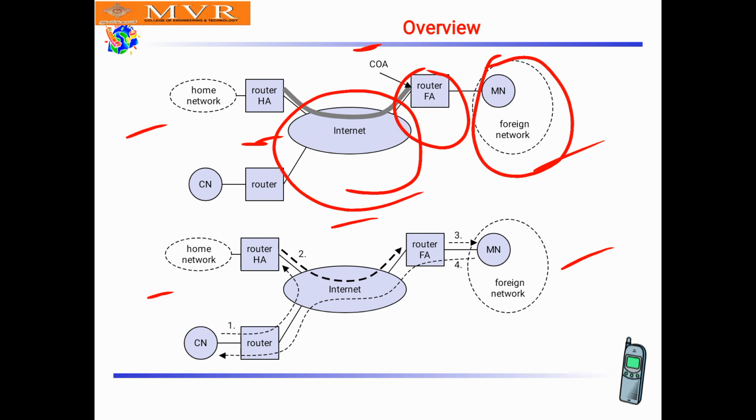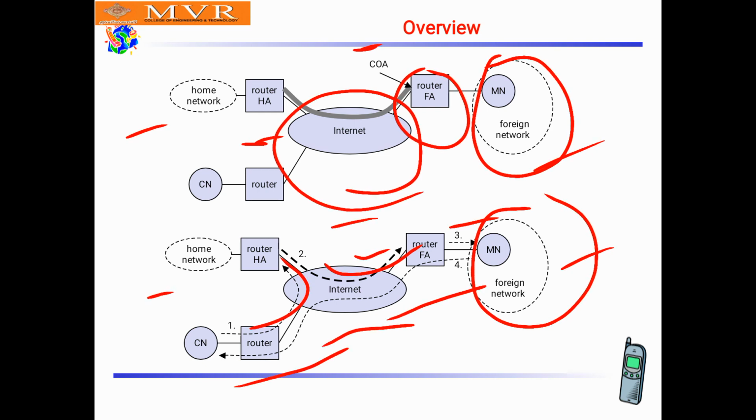At the same time here the mobile network router HA, the internet, and it will send information to the router, and then it will be sent to router FA, then the mobile node. In this the mobile node will receive the information sent by the corresponding node, then the mobile node will transmit the information by using the internet through the router of the corresponding node. This is the overview of the mobile IP.